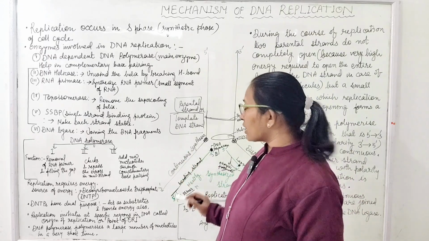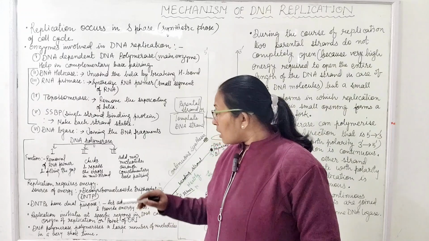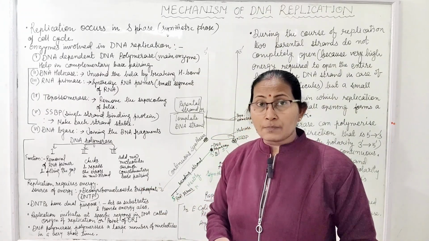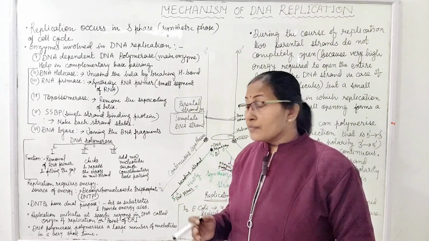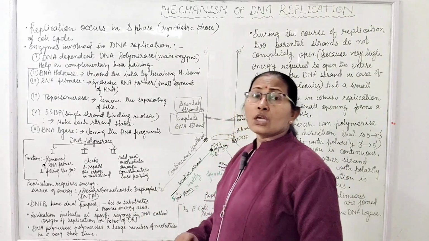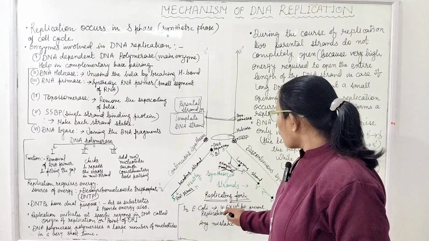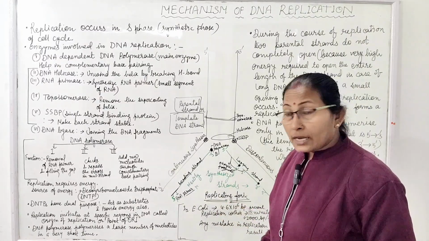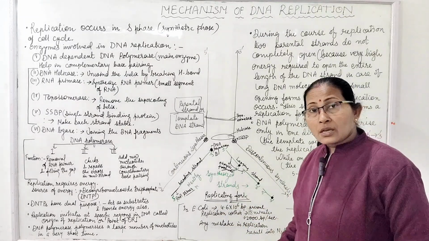Replication starts at a specific location, and that location is called the origin of replication. DNA is polymerized by the DNA polymerase enzyme, which can add a large number of nucleotides in a very short time. If we talk about E. coli, 4.6 × 10^6 base pairs of DNA are found in E. coli, and replication takes place within 18 minutes.